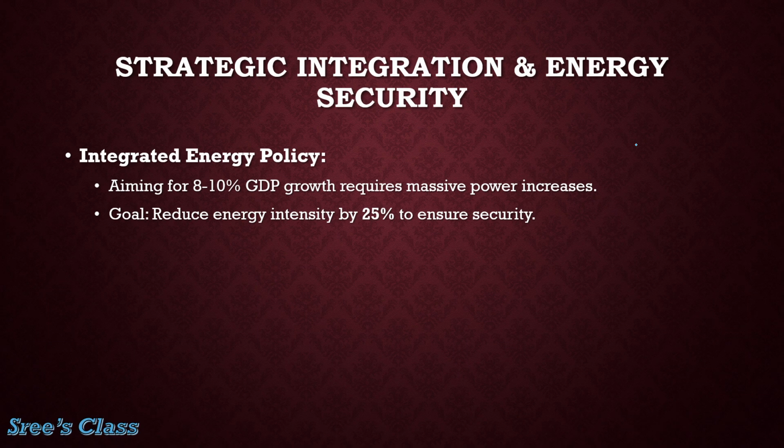Then strategic integration and energy security, which we can discuss also. The integrated energy policy is aiming for 8 to 10% GDP growth, which requires a massive power increase, which is very, very difficult.